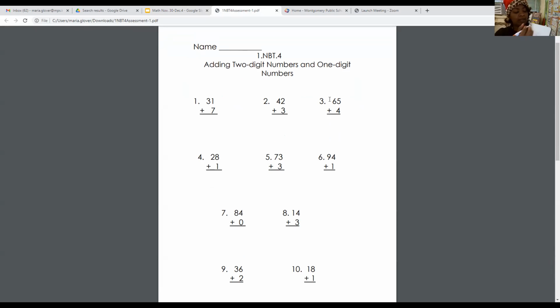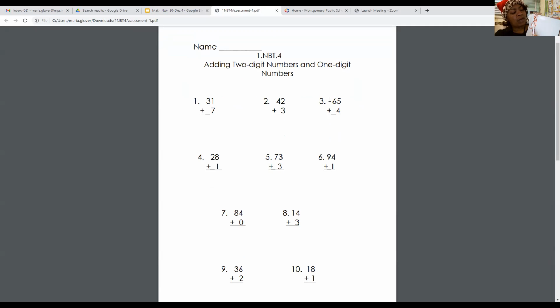So number one is 31 plus 7. Of course, we can use our place value strategy where we identify the numbers in each place. Okay? We always add or subtract starting in the ones place.